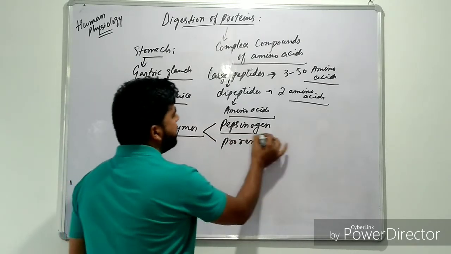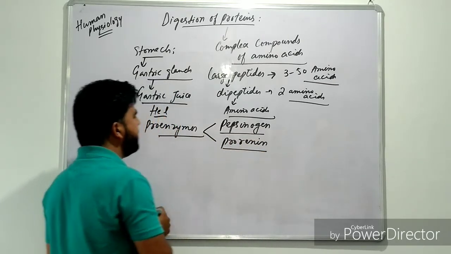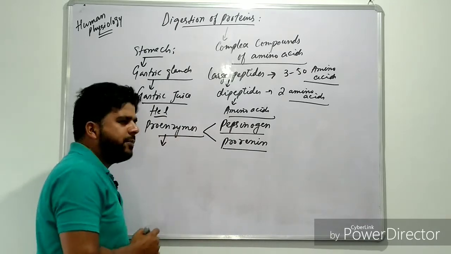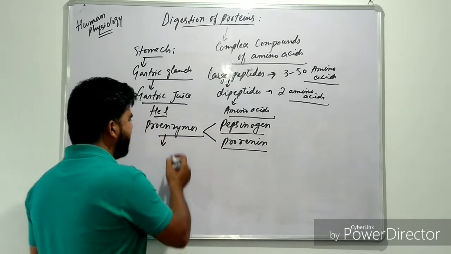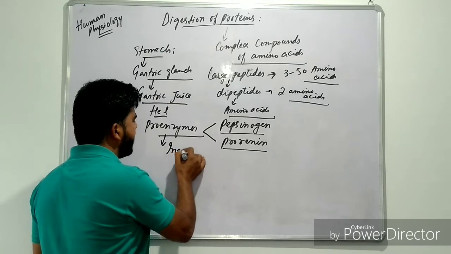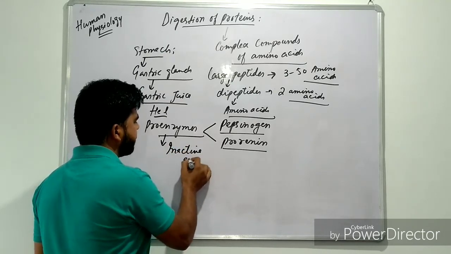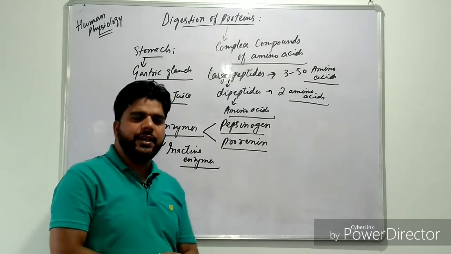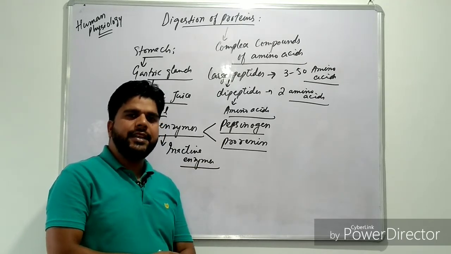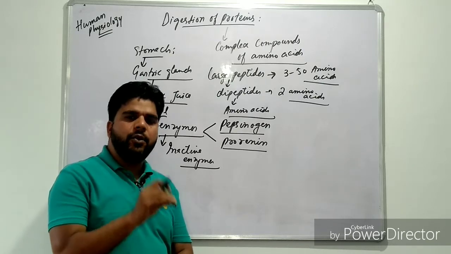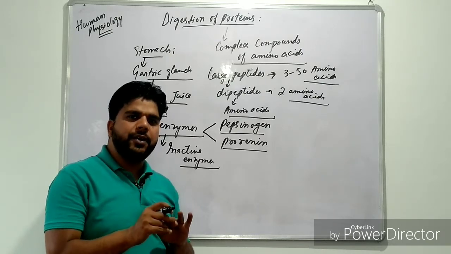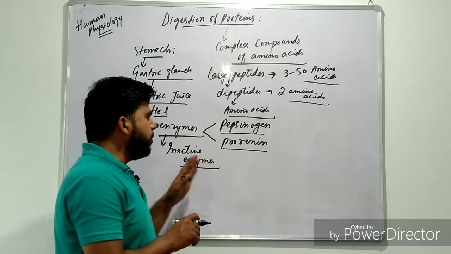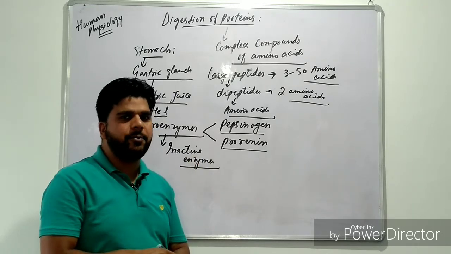But before we see the function of the pepsinogen and prorenin, we got to understand what actually proenzymes are. Proenzymes are actually the inactive enzymes. Why are these inactive enzymes? Because if they are active at the first stage, they are going to digest the cellular contents of our body.